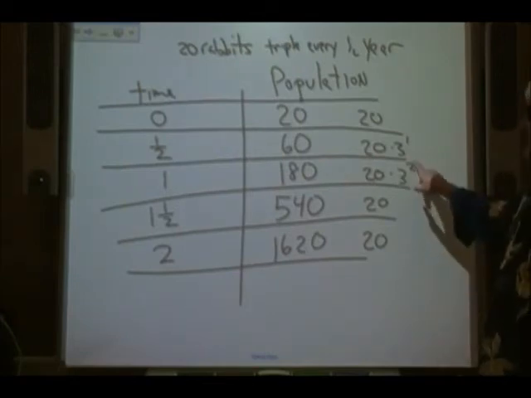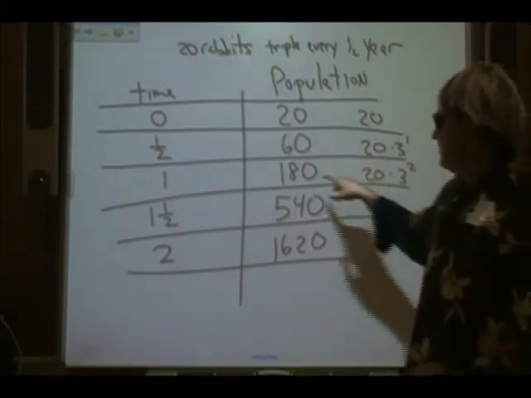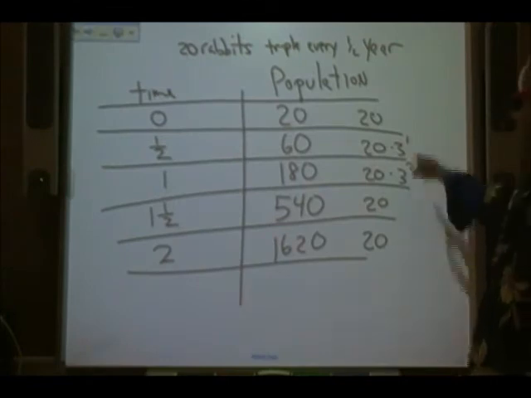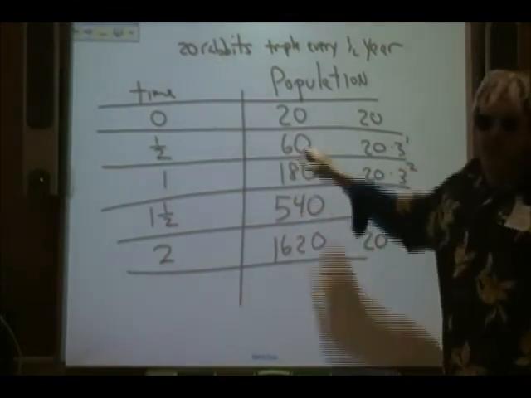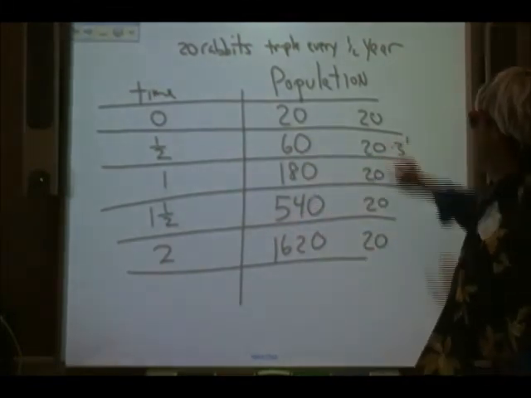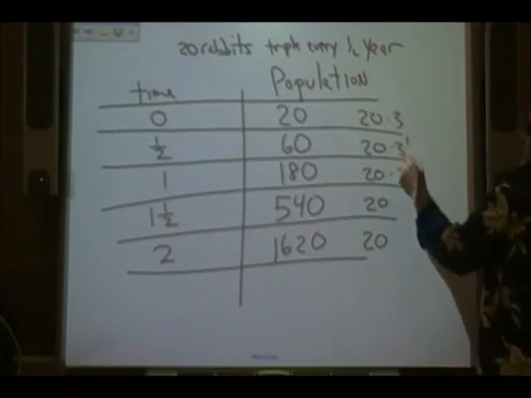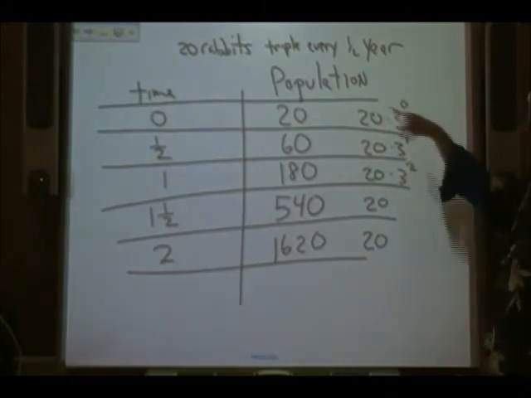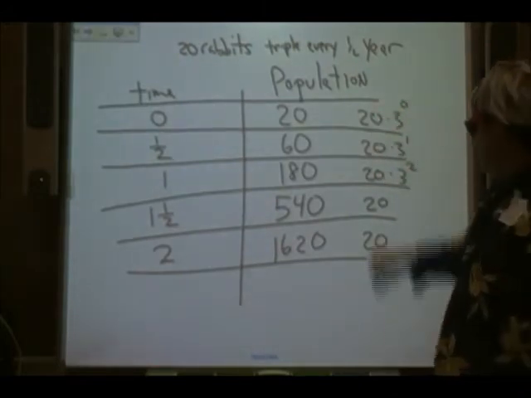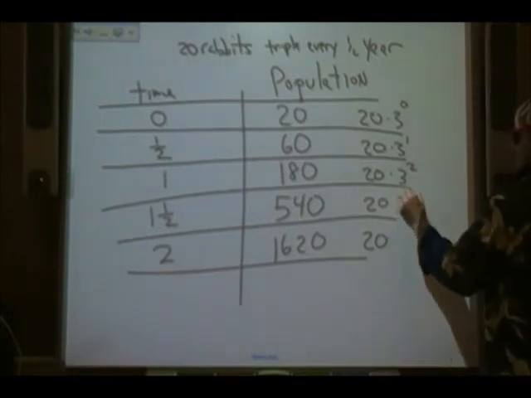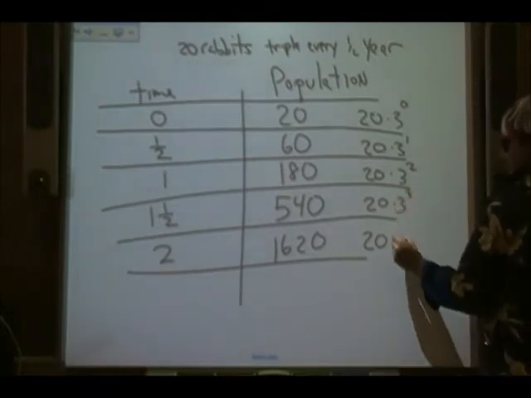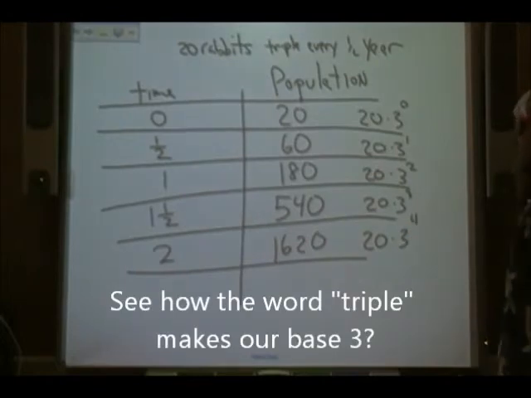Let's try that. That's 9. And 9 times 20 is 180. This is 3, and 3 times 20 is 60. This has to be times 3 to the what power? 0. That gets you the 1. And 20 times 1. And that pattern just goes. This is to the third, and this is to the fourth.